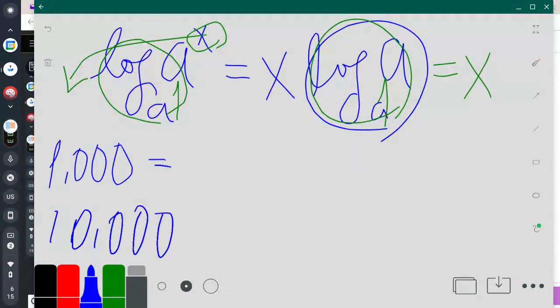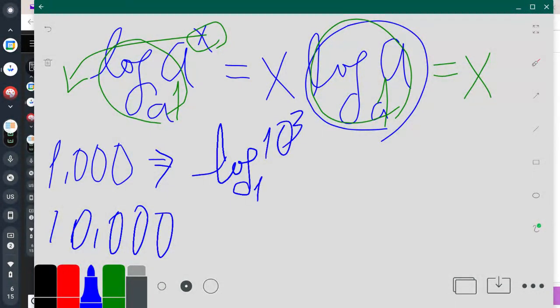Not equal, but not equal. If we take 10 to the third power, log of 10 to the third power to base 10.